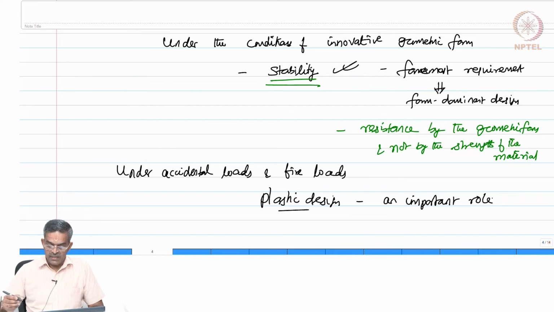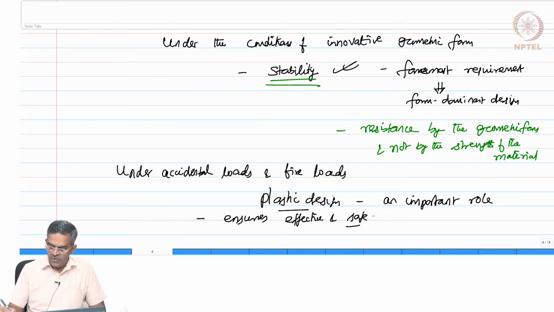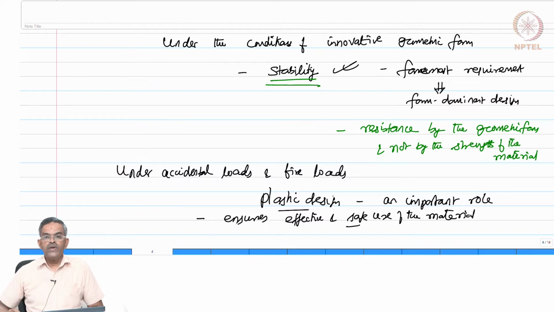Because plastic design, apart from using the effective cross section of the material, also ensures effective and safe use of the material. So, friends, please note very carefully, form dominant design goes along with two objectives.